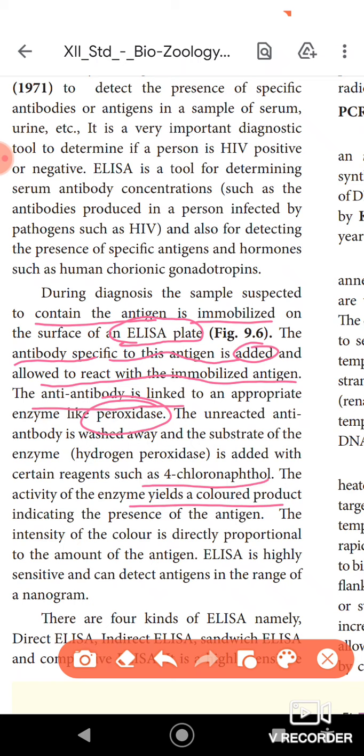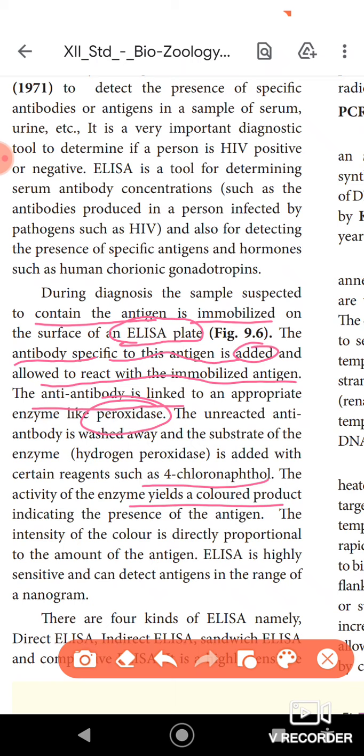The particular person has more amount of that particular pathogens. If the color is very less, that is, the person is in the initial stage, the particular patient is in the initial stage, but when the color is so dark, we can understand that the patients contain more amount of pathogens, so immediate treatments are required for the particular person.